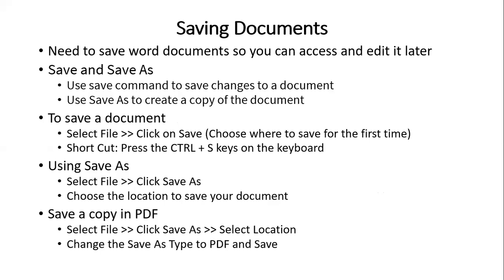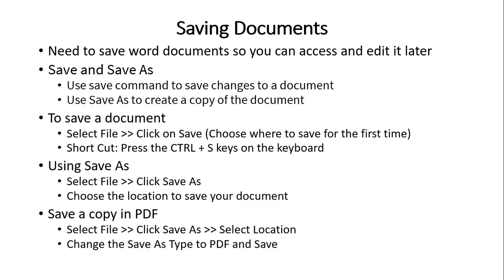Now, when you use Save for the first time, it asks you to select the location where you want to save. If it's a new document and you want to save, once you hit Control S, or you go to Backstage view and use Save, it will ask you for a location, and then you select the location and what you will save. If it's the first time, that's what will happen.